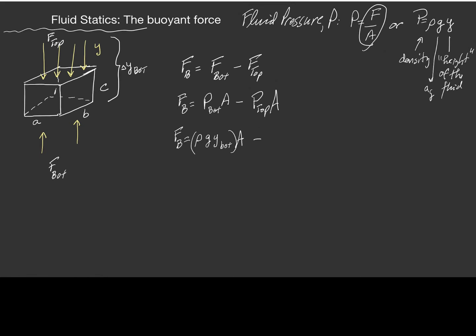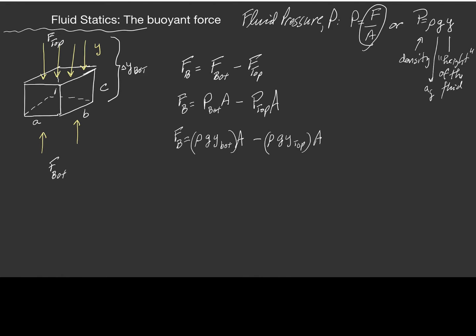We're going to expand that out some more, okay, to include density into this, because density does factor into this, because this is where we're getting the volume of our object. All right, so that would be the rho times acceleration due to gravity times y at the top times the area. Okay.